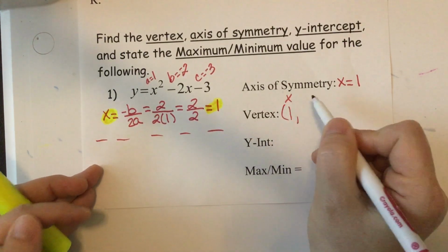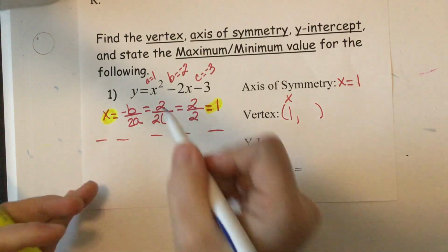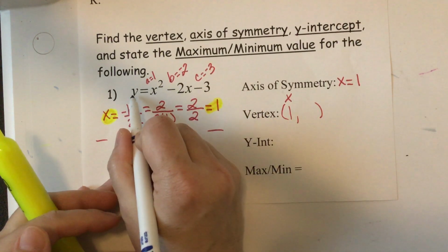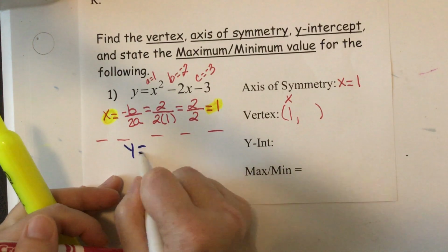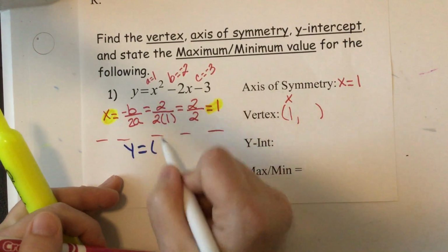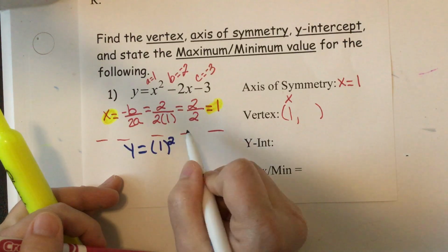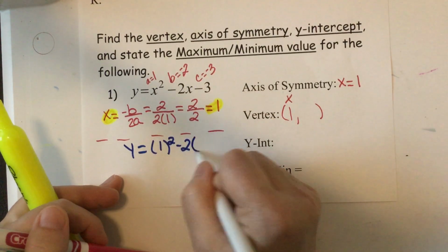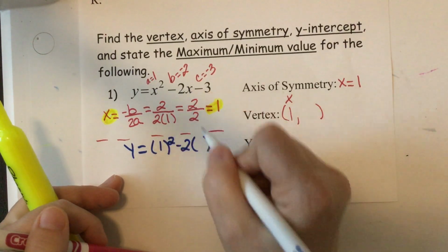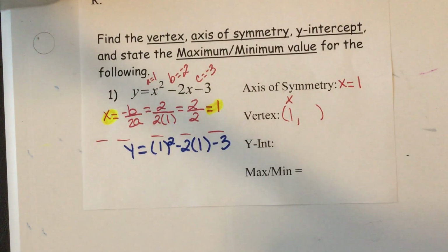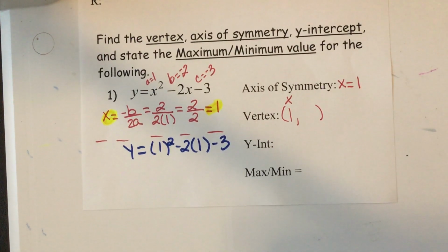If this is an X, then you take it and you plug it in this X and plug it in this X. So I'm going to have Y equals, slap parentheses down, get the 1 up into that X, put your squared on the outside, -2, slap parentheses down, get your 1 into that X, and recopy -3. And then I'm going to put all of that into the graphing calculator.